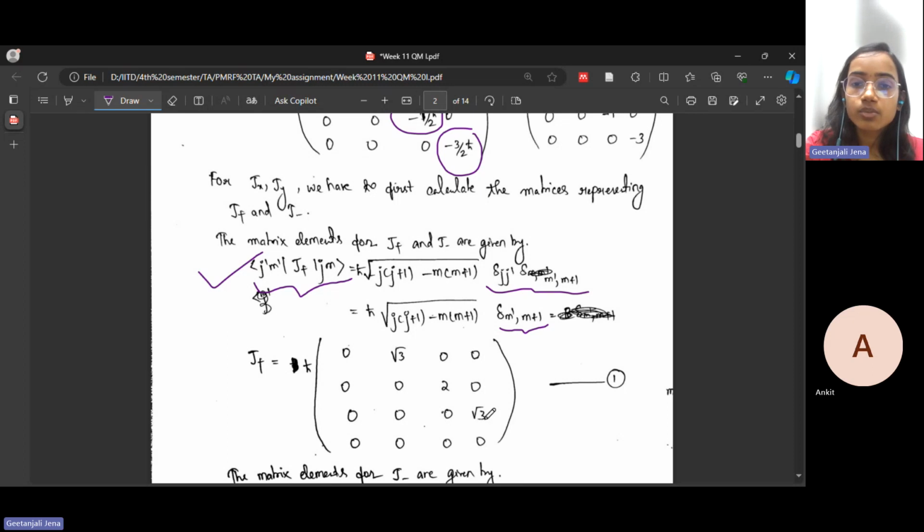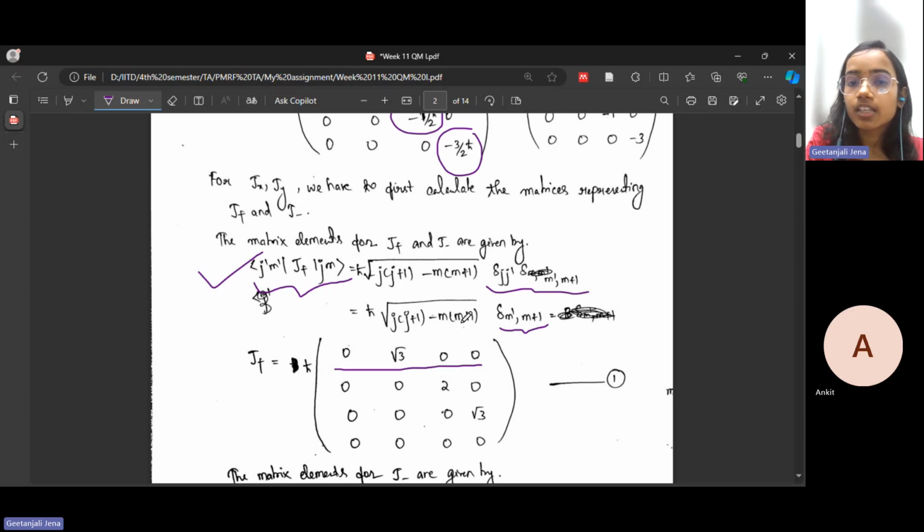So for the matrix, what you can do, similar to the previous matrix where for the first row, I have kept the value of M as a constant, which is 3 by 2, and varied the value of M prime from 3 by 2 to minus 3 by 2. So in this case also, you just keep for the first row the m constant, which is 3 by 2, and vary the value of m prime, and check whether the components m prime and m plus 1 are same or not.